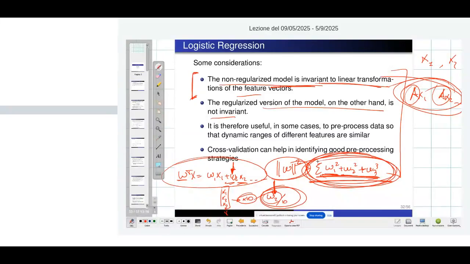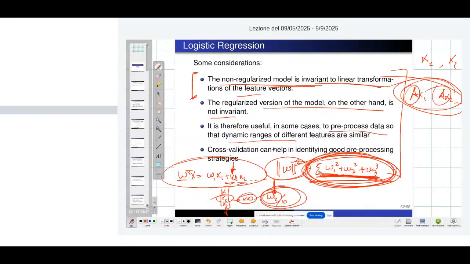Essentially, it means that directions where the variance of the features is large will be less regularized. The regularization will have a lower impact for directions which have a large variance, which means that the effect of regularization will depend, for the different components of my feature vectors, essentially on the scale of the different components.